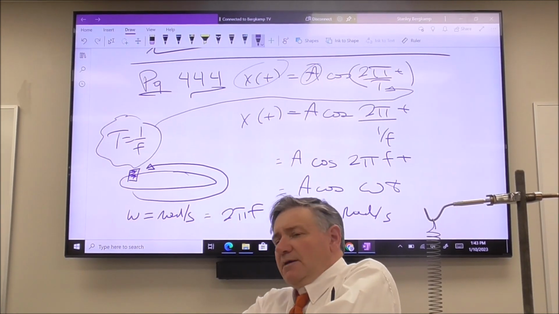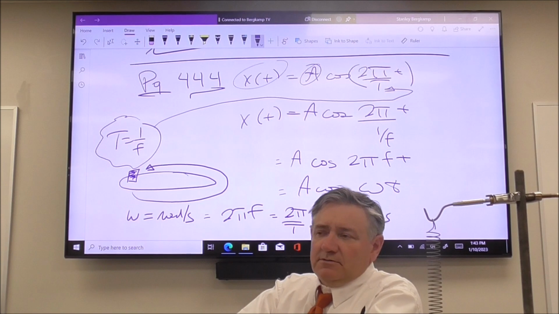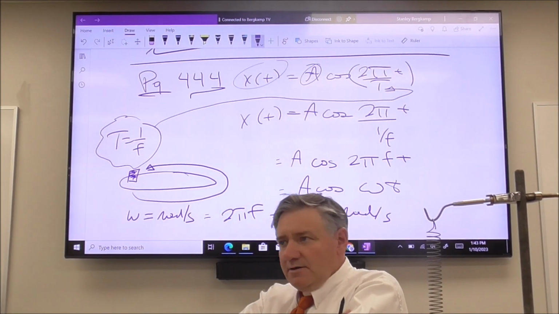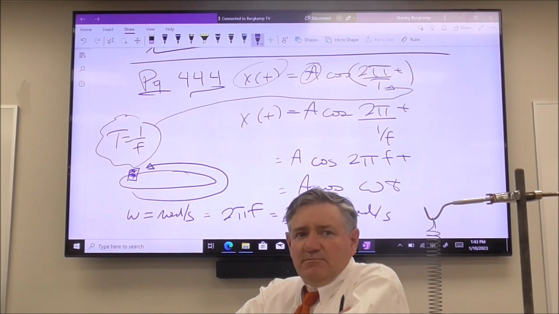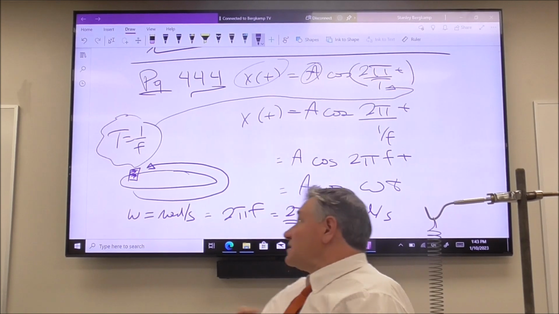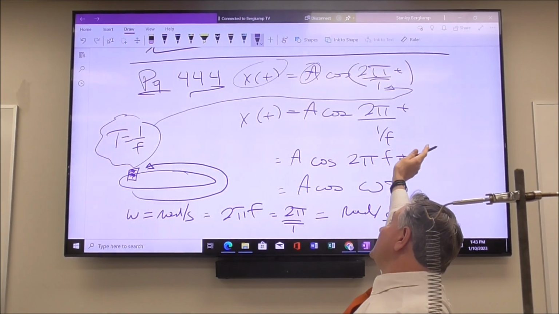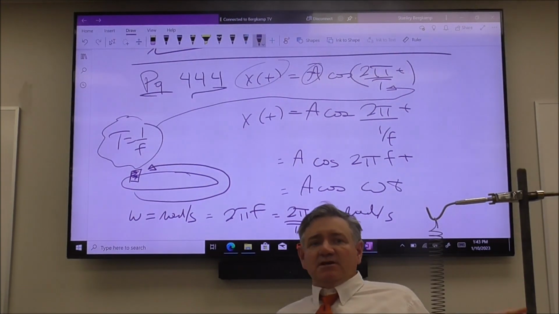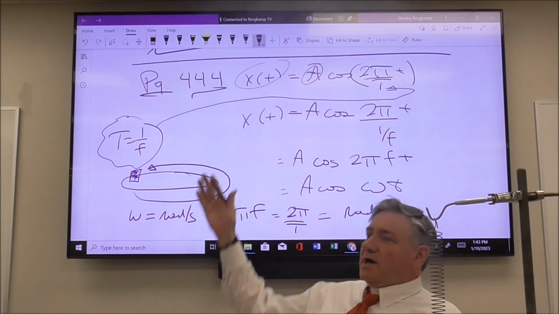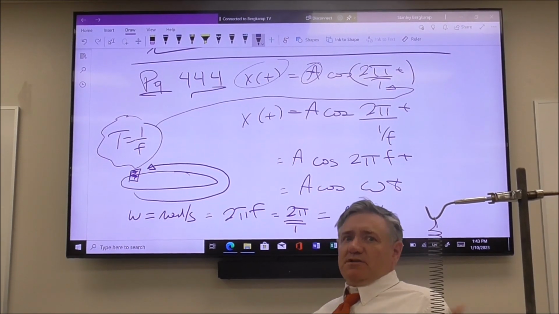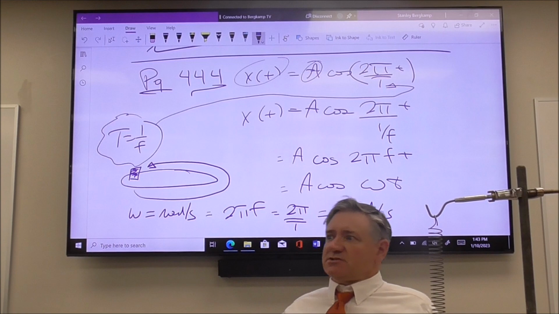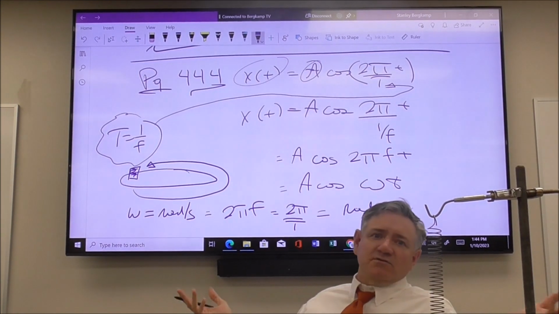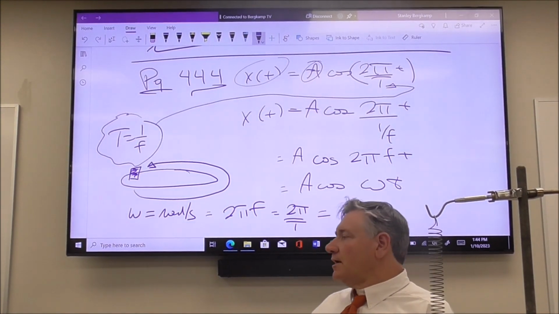Amplitude is your position, a fancy word for that, so it has to be measured in meters. The cosine of 2 pi t over T doesn't have any units. So right away I know this is keeping track of position as a function of time.